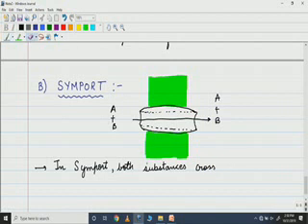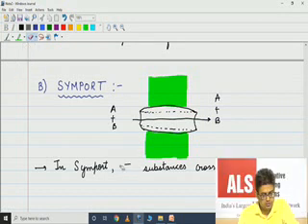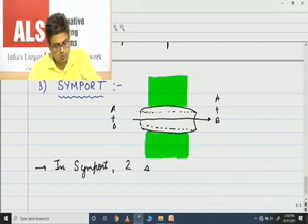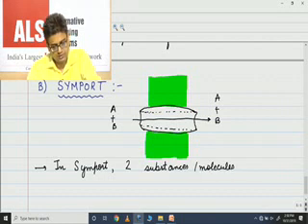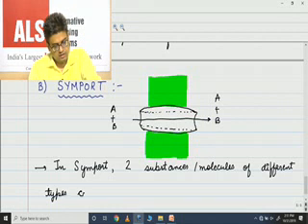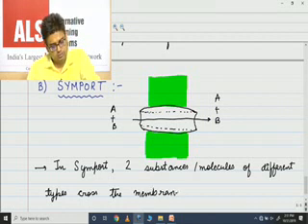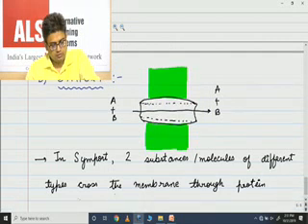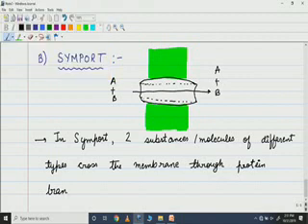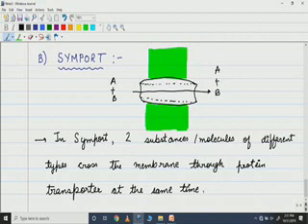First of all, we should write that there are two substances or molecules of different types that cross the membrane through a protein transporter at the same time. This is called symport.